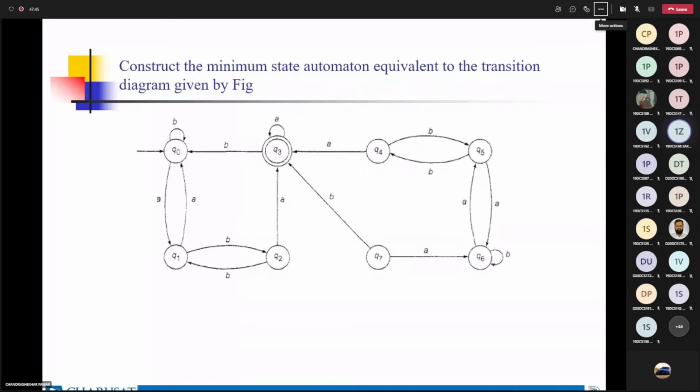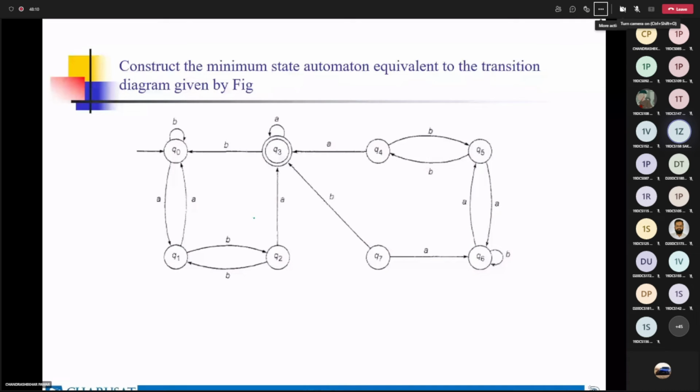So no transition for input A and Q0 for input B. For Q3, yes, Self loop is there. You can observe this one.